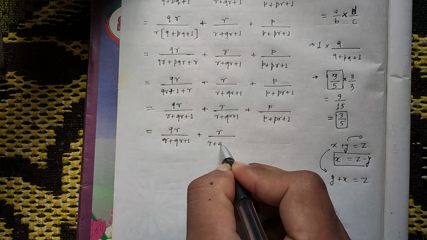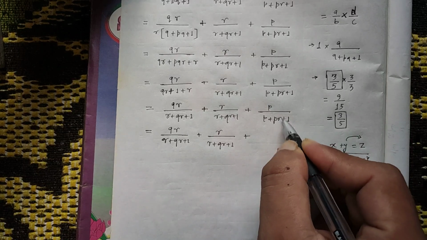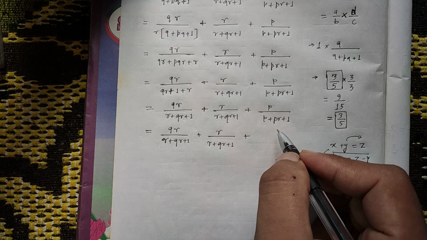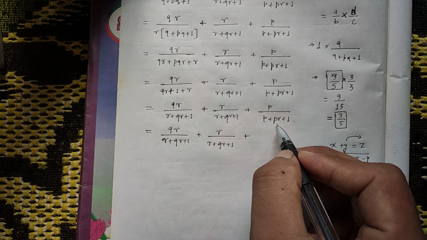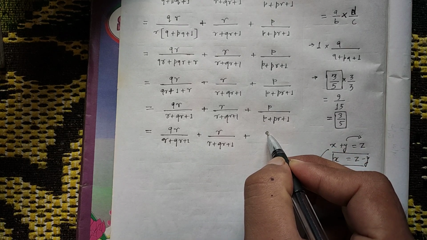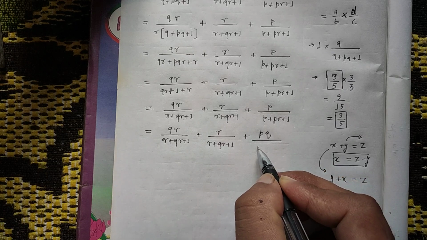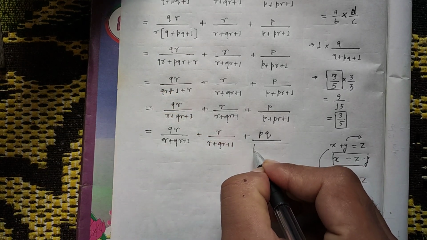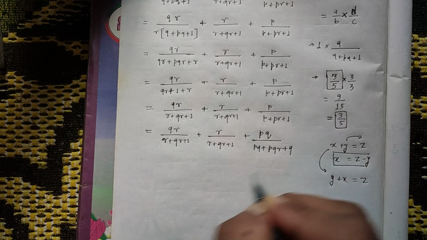Which variable? See here, there is no q, as we are using p, q and r. We will multiply with variable q on the numerator and denominator. On the numerator it becomes pq, and on the denominator it becomes pq plus pqr plus q.